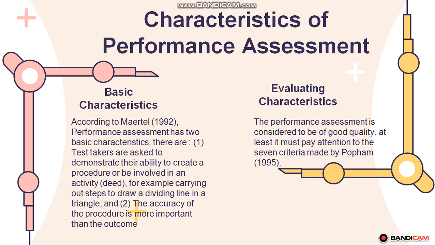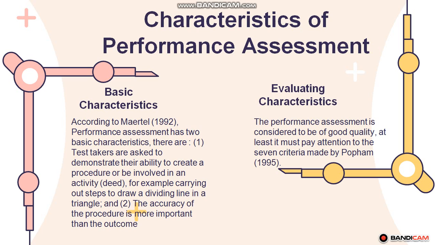The first is that test takers are asked to demonstrate their ability to create a procedure or be involved in an activity, for example, carrying out steps to draw a dividing line in a triangle. And the second is that the accuracy of the procedure is more important than the outcome.